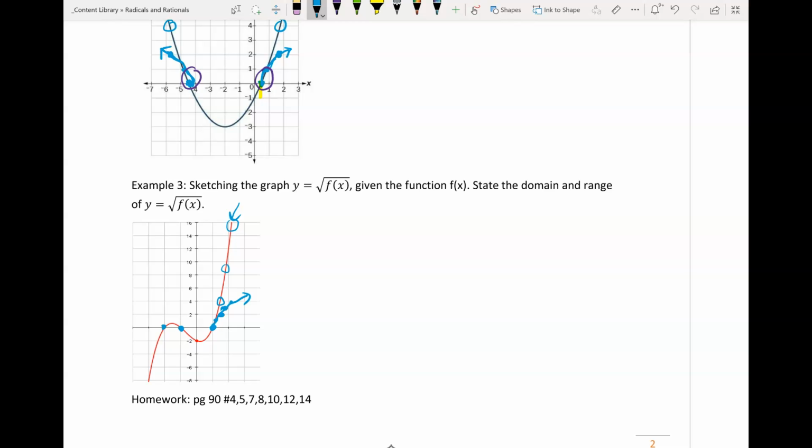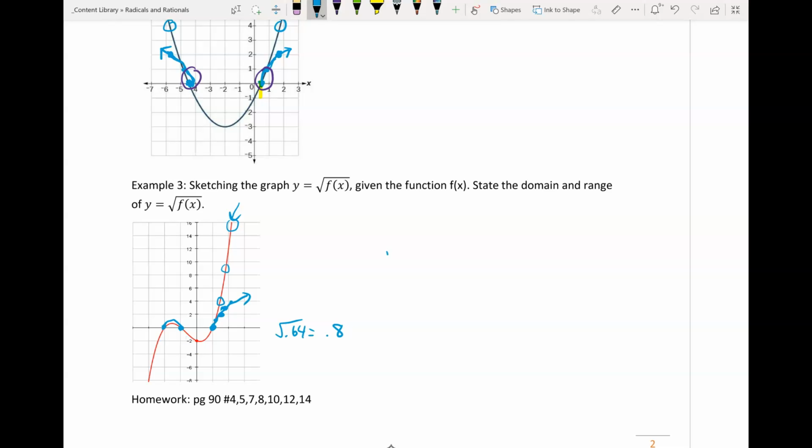Now we have one more to consider, and it's this one here. So if I take the square root, again, of decimal values, they're going to become slightly larger, just slightly. So I'm going to draw this just above our original graph, and that would be it. So again, this section here won't exist because we can't take the square root of negative numbers.